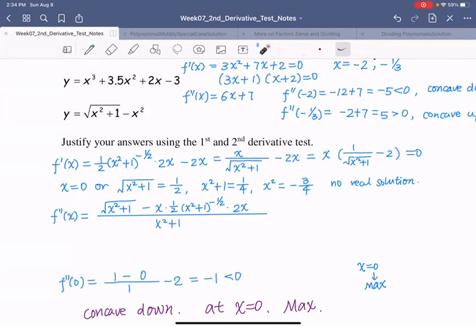Let me see this one more time, okay? We want to do the first derivative so that we can get f double prime of x.